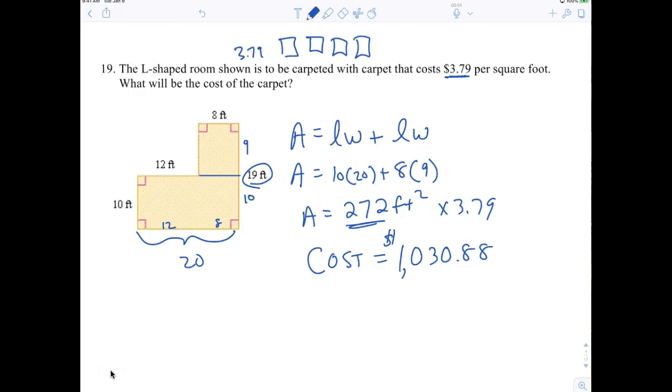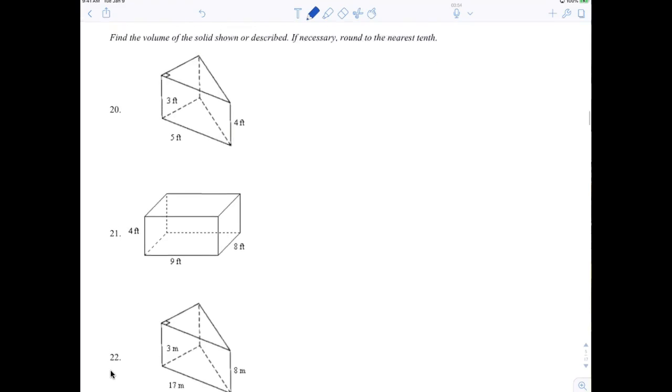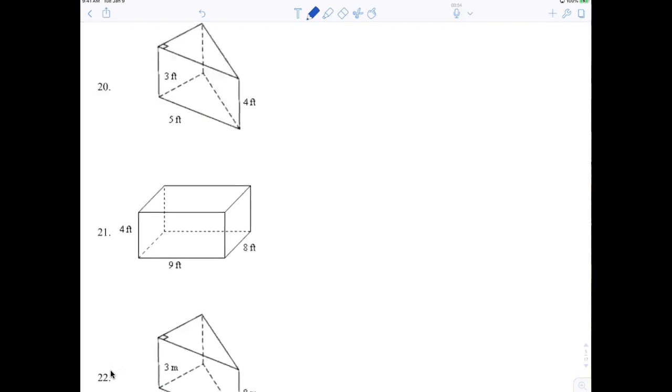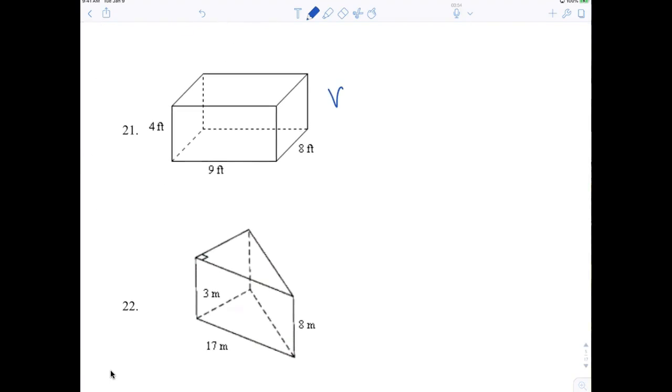All right, let's check out 21. Now we're finding the volume. I'm thinking you guys remember this. Volume of the rectangular prism, what's that formula? Very good, Carly. Length times width times height. Now remember, we're doing volume, so how many dimensions? 3 dimensions.